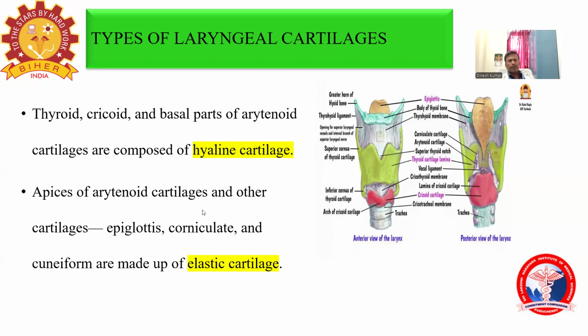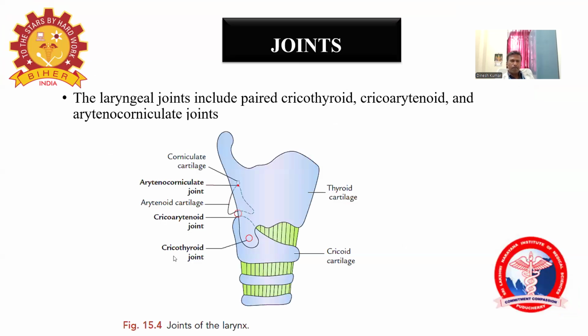So there are two types of cartilage present in the larynx: one is hyaline cartilage, another is elastic cartilage. Now we can move to the joints.